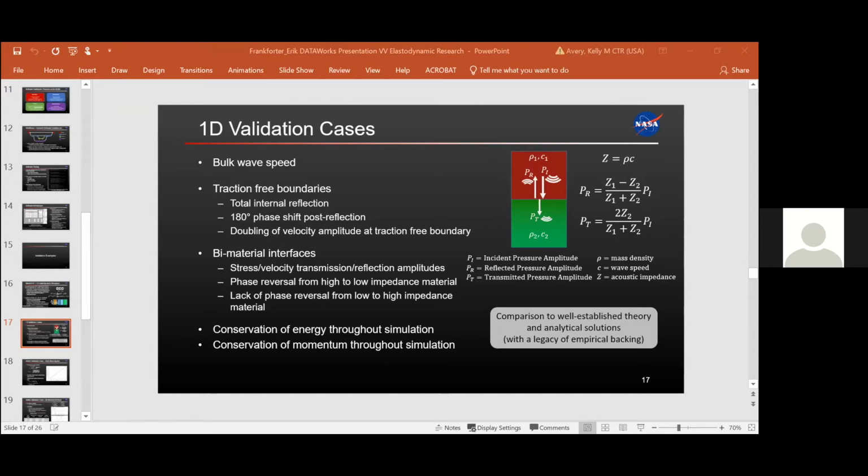So that's bulk wave speed for an individual media, traction free boundaries, things like total internal reflection off of the free boundary, phase shifts after reflection, velocity characteristics of free boundaries, and then bimaterial interfaces where you have certain transmission reflection coefficients, phase reversals in certain conditions, and we're able to demonstrate conservation of energy and momentum throughout a given multi-material simulation. So slide 18, please.